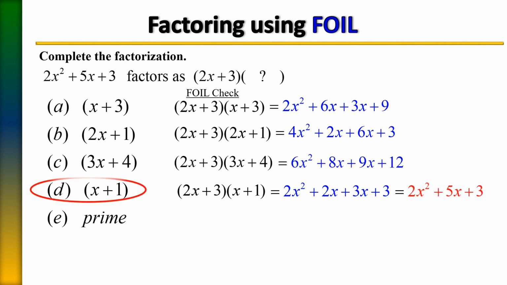So that is the missing pair. Again, notice it brings us to the same as our given trinomial. Gives us the same answer. So that is our pair. It factors into 2x plus 3 times x plus 1.